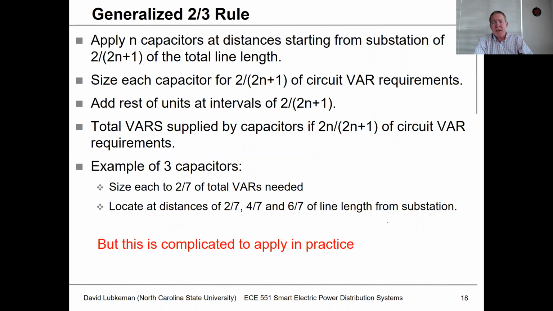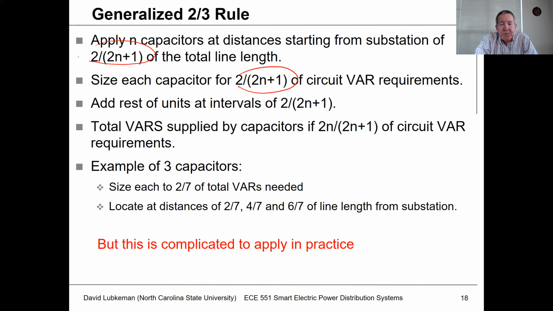Now you can generalize this, and you can do this for 2 capacitors or 3 capacitors or 4 capacitors. The size of each capacitor is going to be 2 divided by 2n plus 1, where n is the number of capacitors, and each distance location is also going to be a multiple of 2 divided by 2n plus 1.